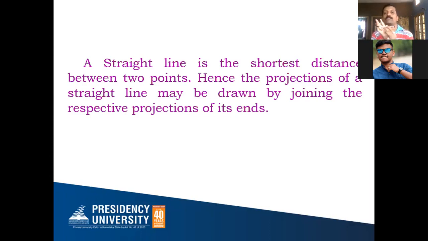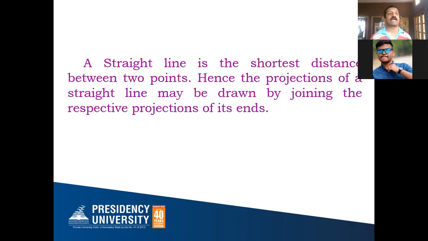Only the length for the straight line I can specify, not the thickness. Once again, a straight line is the shortest distance between any two given points. Hence, the projection of the straight line may be drawn by joining the respective projections of its ends. So this is how we have to define the straight line.